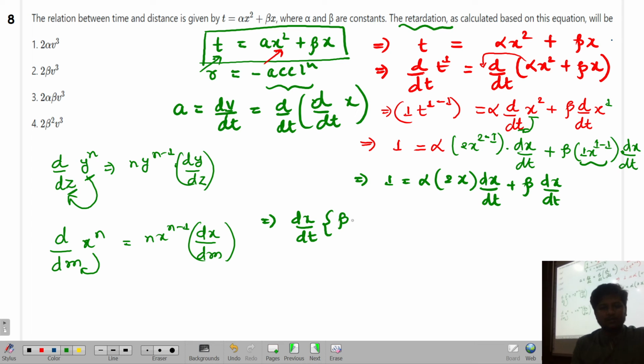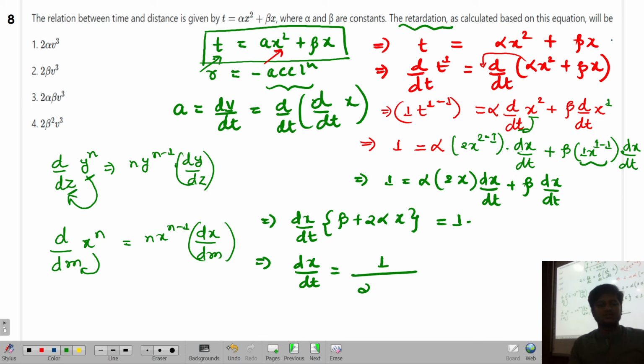It is equal to beta plus twice alpha into x. Right or not? Is it okay? Twice alpha into x is there, no? So twice alpha into x, and that is equal to how much? 1. So you got your dx by dt equation: dx by dt is 1 by beta plus twice alpha x.